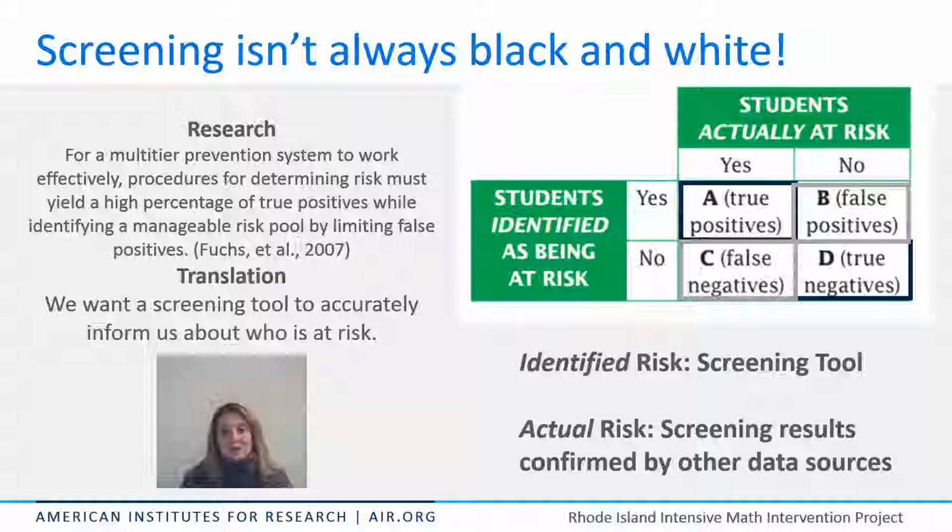Screening isn't always black and white. As we previously stated, just because a student is identified as being at risk during screening may not necessarily mean they need secondary intervention supports. Screening students to determine risk can result in four possible categories. The first category is true positives, students who truly are at risk of not meeting end of year benchmarks or standards when provided high quality Tier 1 instruction.